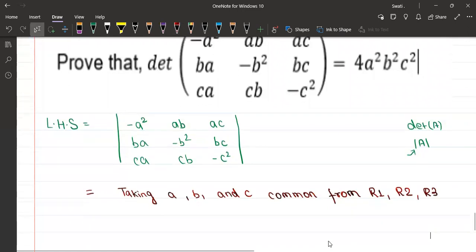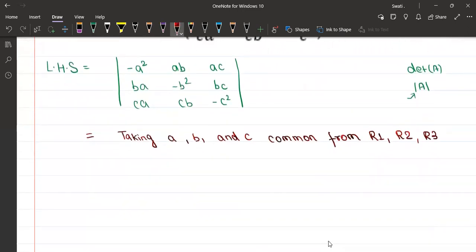If I take a common from R1, of course a is outside. In the first row, because a is outside, we have only minus a. The second, we have b only because a is outside. And the third, we have only c.